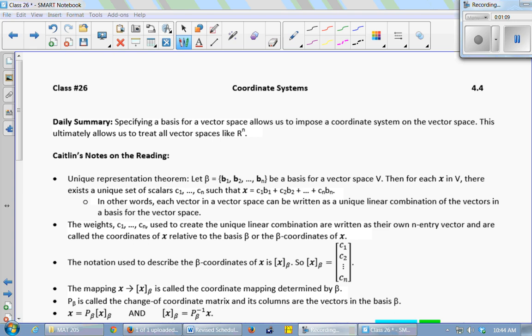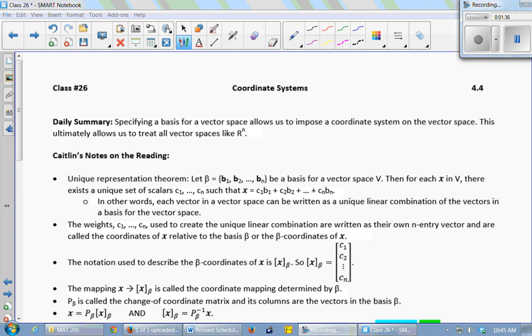So in the big picture, Todd, you ready? The big picture of section 4.4 is that specifying a basis for a vector space allows us to impose a coordinate system. By taking any vector from a vector space and saying it's equivalent to a vector that lives in Rn, we can treat every vector space just like Rn, which makes our lives a lot easier.